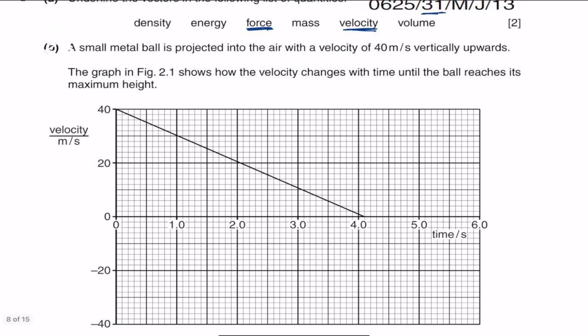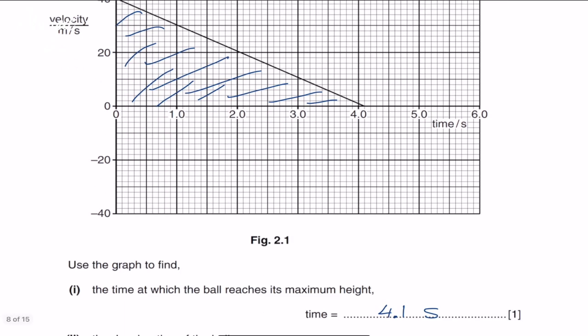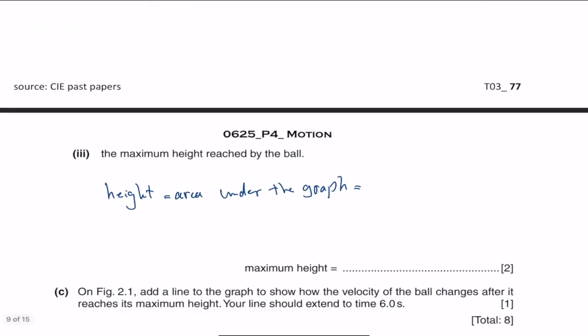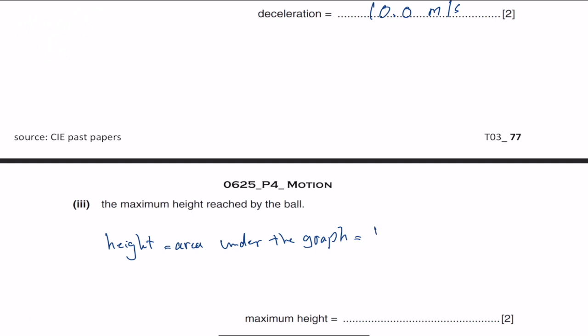It looks like a triangle, and I know the area of the triangle equals half times the base, which is 4.1, times the height, which is 40, right?